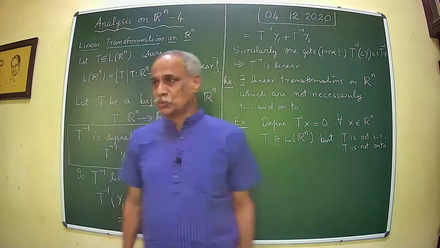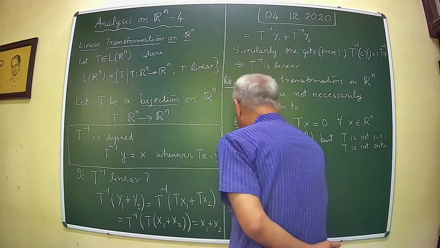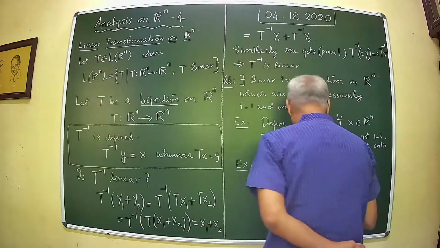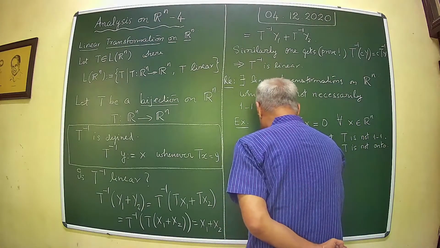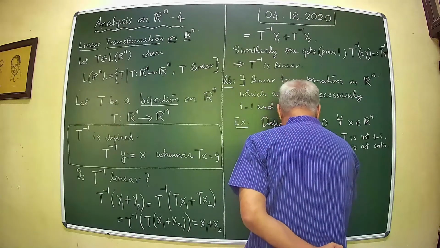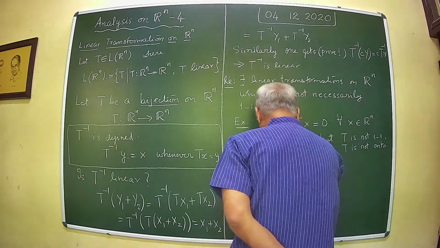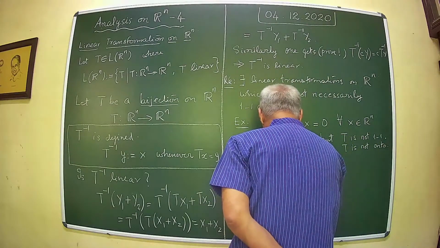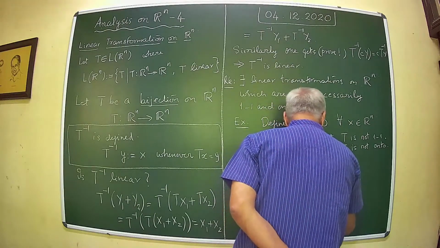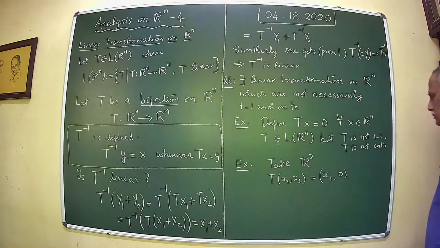In fact, in R2, so this is an example. Take one defined. So now you define T from 0.